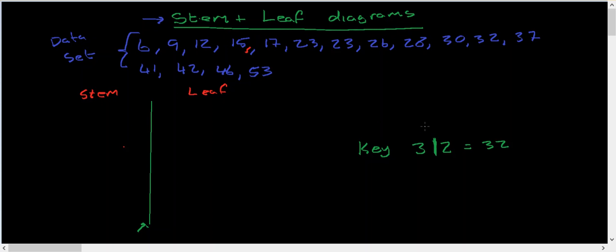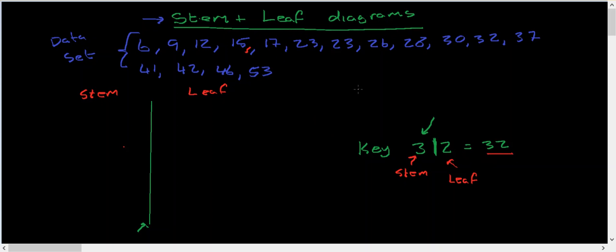On the left hand side that represents the stem, and the right hand side are the numbers that are in the leaf. So where we have the number 3 in the stem, and then we have 2 on the leaf, that represents the number 32.